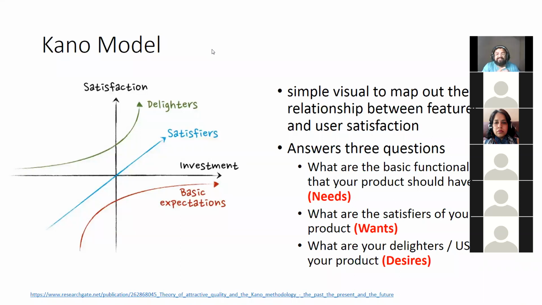But how many places that you went for lunch or dinner had all these delighters? Privacy, perfect. There is one variety.